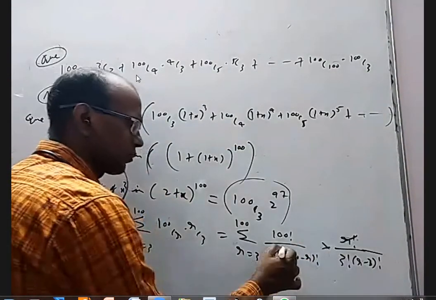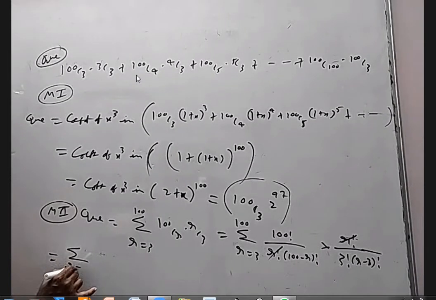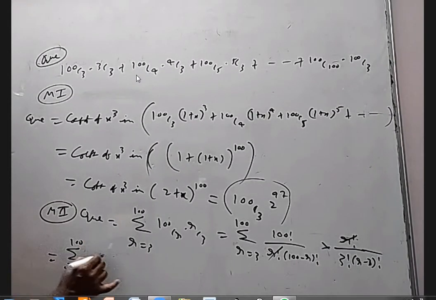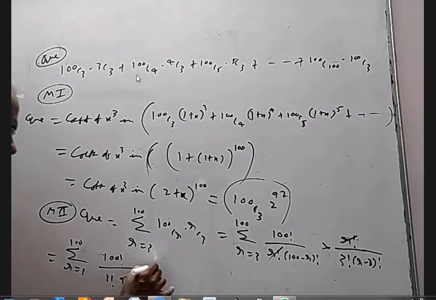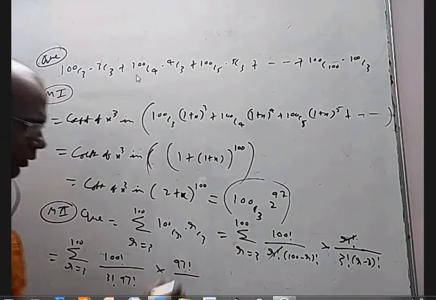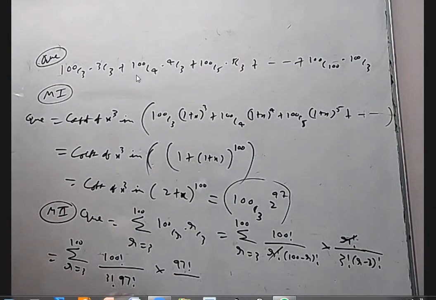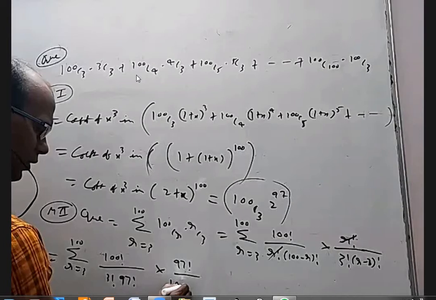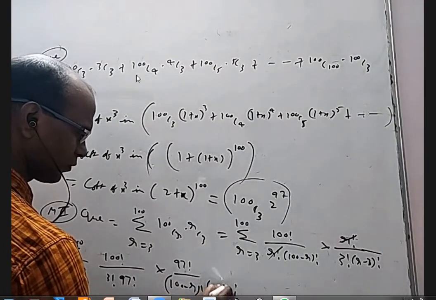I can cancel R factorial. Sigma R equal to 3 to 100, I have 100 factorial by 3 factorial 97 factorial; I am multiplying and dividing by 97 factorial. So I cancel R factorial and then I multiply 97 factorial divided by 97 factorial. And I'll be left here with (100 minus R) factorial into (R minus 3) factorial.